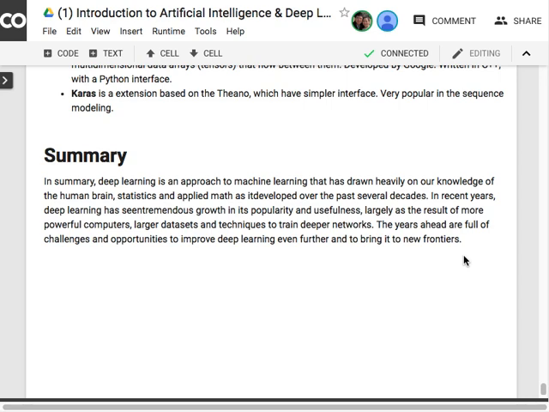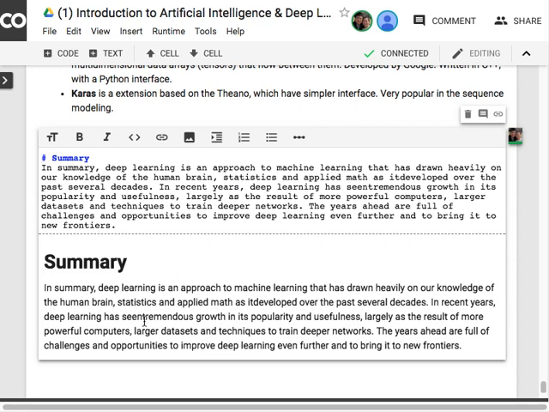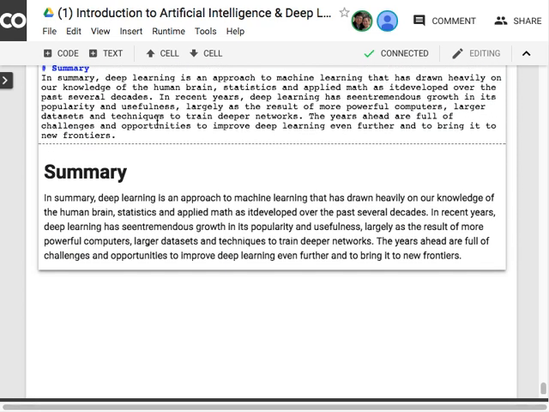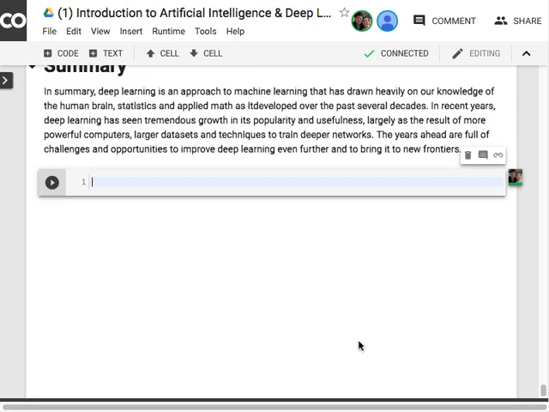Deep learning has seen tremendous growth in the data sets and techniques to train deep networks. The year ahead is full of challenge and opportunity, to push deep learning even further into big new frontiers. So that is the introduction to artificial intelligence and deep learning for today.